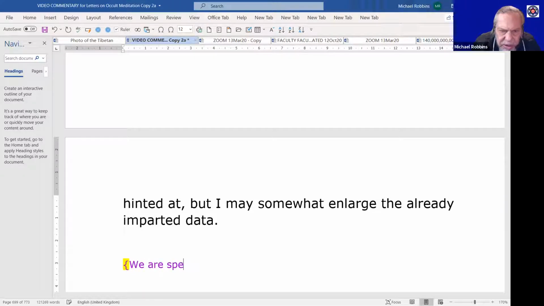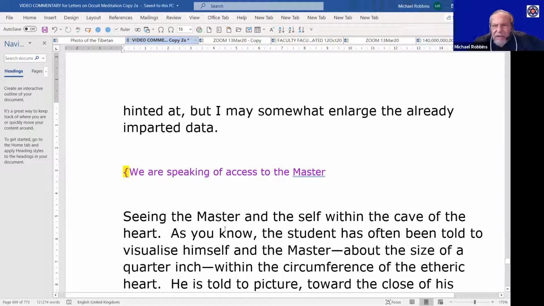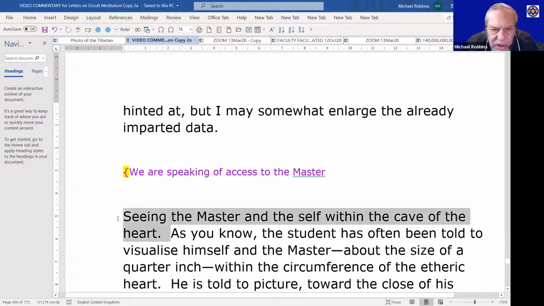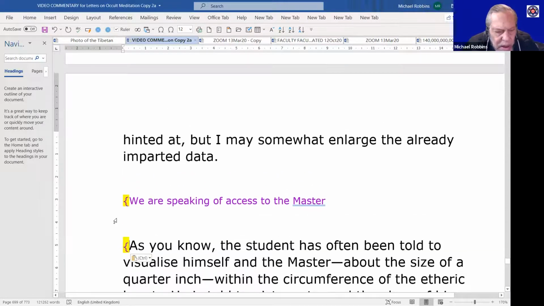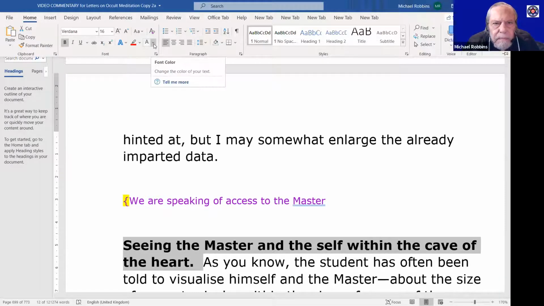We are speaking of access to the master. Seeing the master and the self within the cave of the heart. And here it is laid out quite clearly.